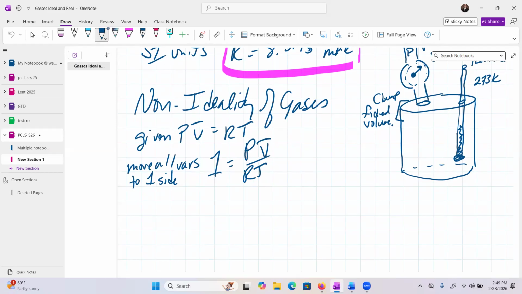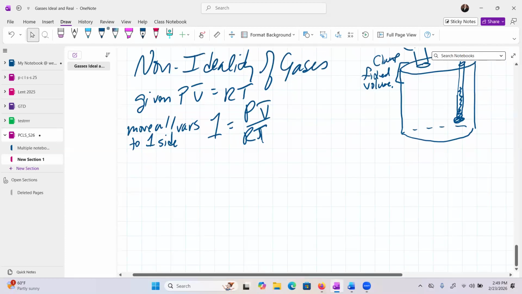So did you see how I got this equation? I just moved everything to the same side of the equation. Now what I want to do is plot everything and ask the question whether or not I have something that's not the same as this. That's the strategy.